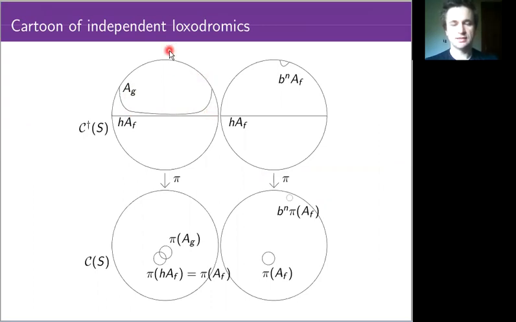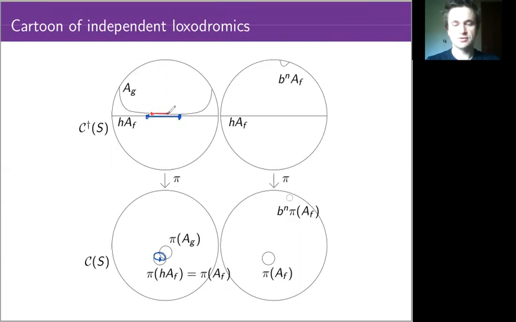But then notice, since these are loxodromics in Diff naught, when you have your axis H A_F and you project downstairs, this line will project to a loop, because Diff naught does nothing on the curve graph, but it does something to C dagger upstairs. The same is true for A_G.